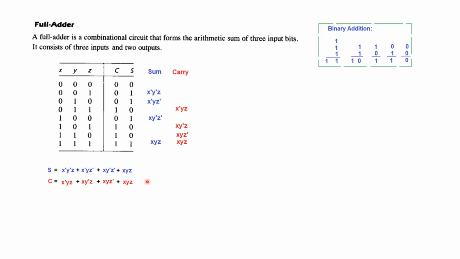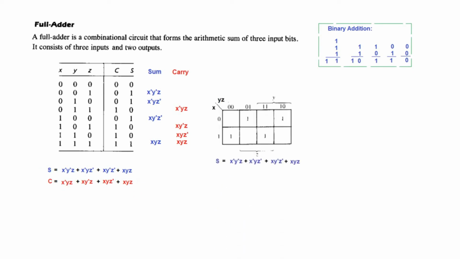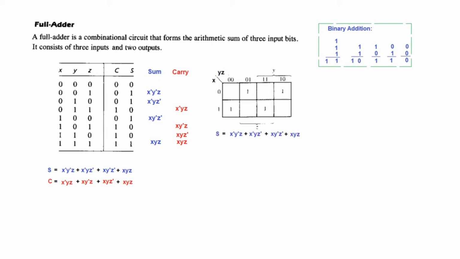So this is the formal equation. And now we'll take help of a K-map to simplify, because this may not be the simplified form. So it is better that we use K-map.